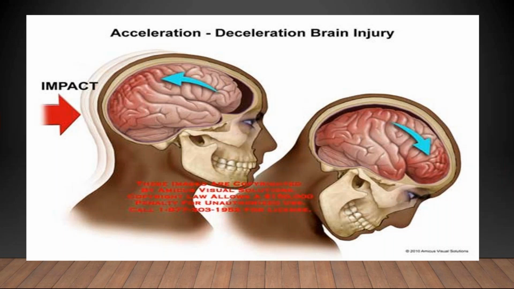So when somebody gets into a head-on collision or a side impact, think of that small amount of space, that brain is actually floating in that cerebral spinal fluid. They get into a front-end collision, they hit that airbag deployment, and so they're moving forward. So we could see frontal injuries to the brain or that frontal lobe. And then once that deceleration happens and they go back, that's where we're going to see injuries to the back portion of that brain as well.